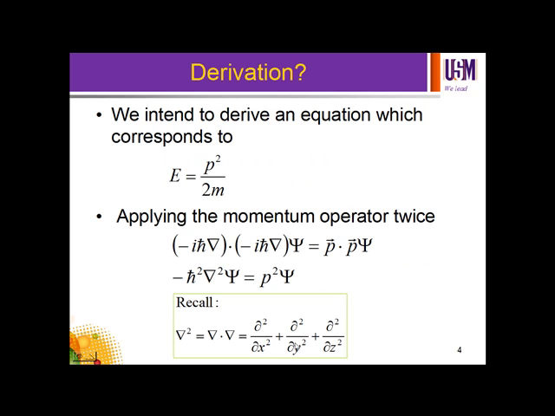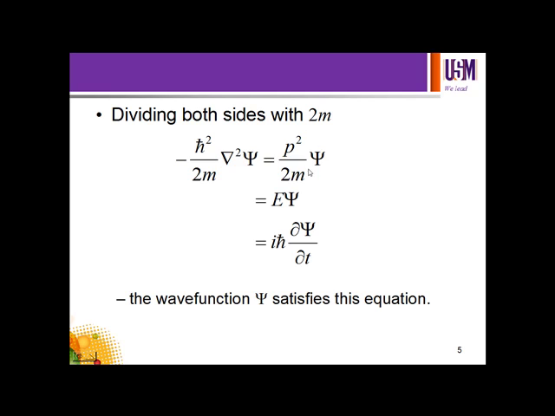If you divide the right hand side by 2m, then the left hand side you should also divide by 2m. Then we can replace p squared over 2m with E, and we know that E is related to the energy operator i h bar delta divided by delta t.